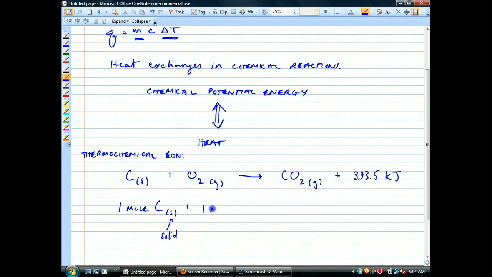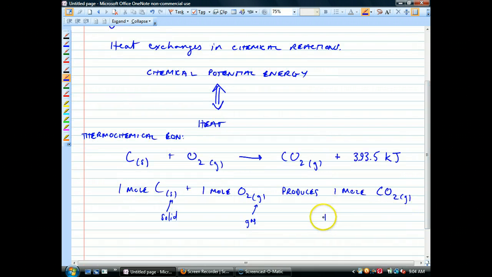And if I'm adding 1 mole of O2 gas, the g is for gas, then we say it produces 1 mole CO2 gas plus 393.5 kilojoules of heat.